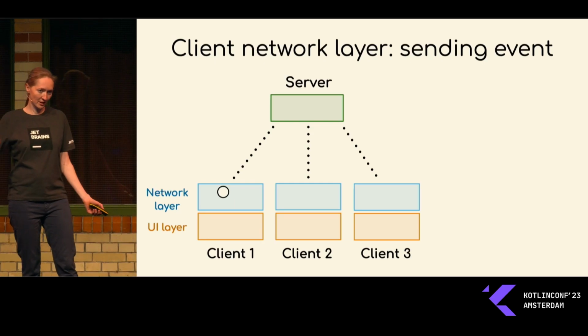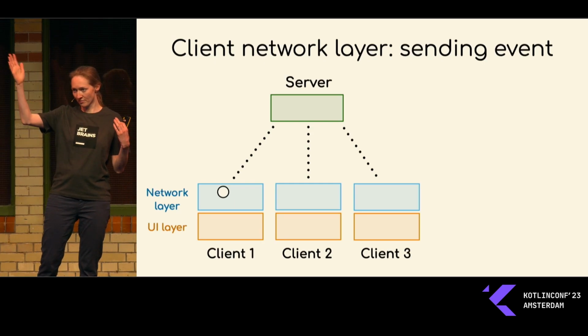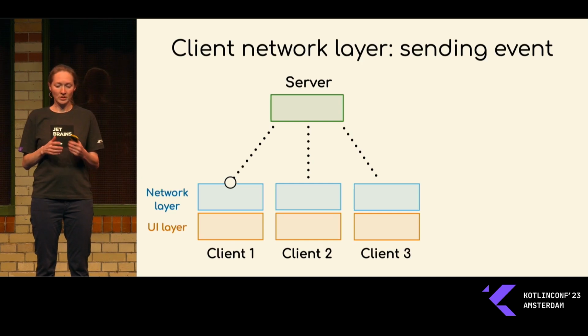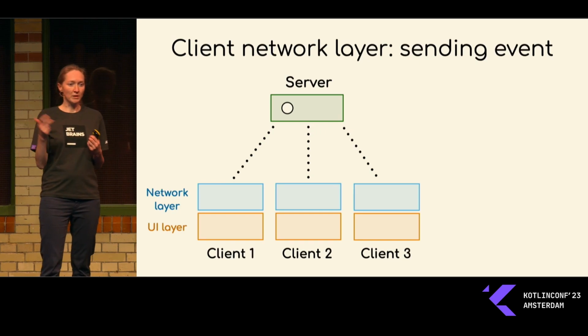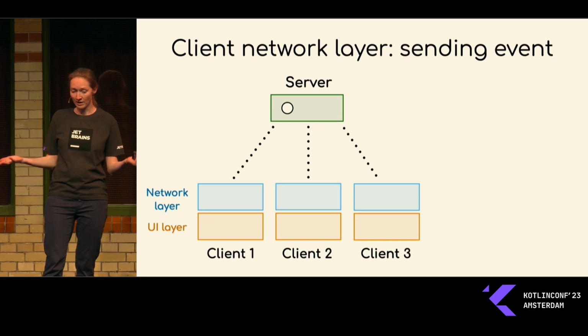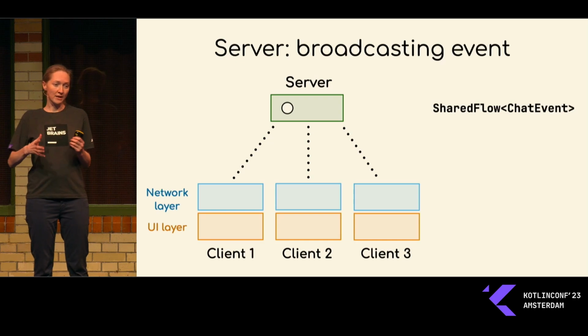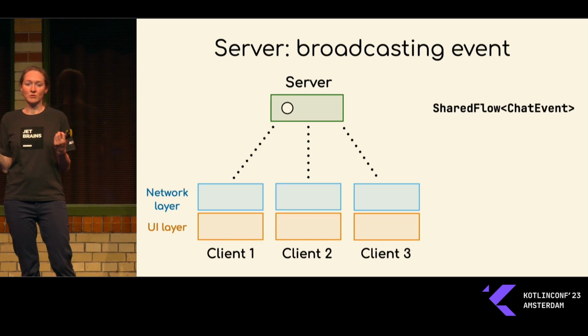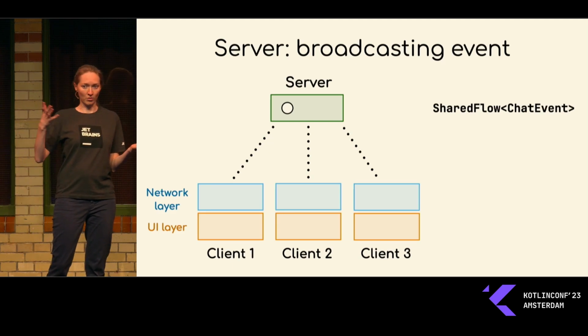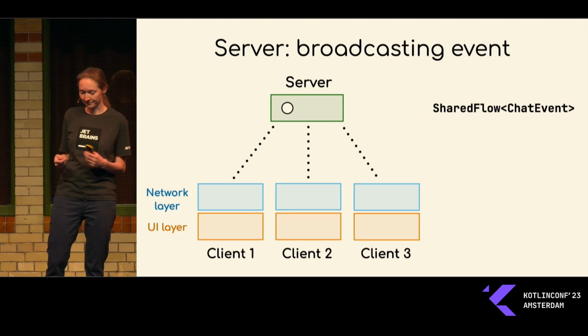It was pretty straightforward. We just say, OK, socket, send our event. And now it comes to the server, and the interesting thing begins, because we need to broadcast this event to all the clients. And for that, we decided to use shared flow, mostly to demonstrate the abilities of shared flow.